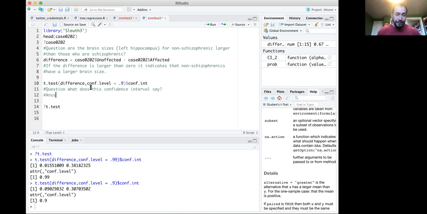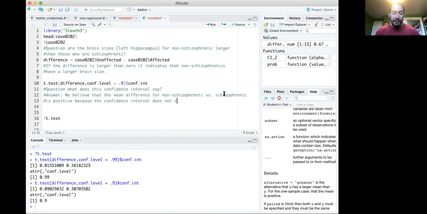Well, it says we believe that the mean difference for non-schizophrenic versus schizophrenic individuals is positive, because the confidence interval does not contain any negative numbers.